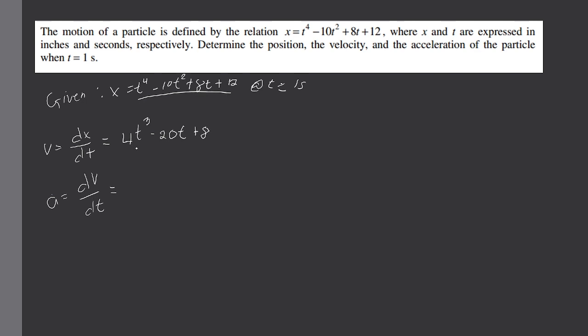So we need to differentiate this once more: 12t squared minus 20. Why do we have to differentiate this? Because acceleration is in terms of dv over dt. So if this is our v, 4t cubed minus 20t plus 8, then dv over dt is just 12t squared minus 20.